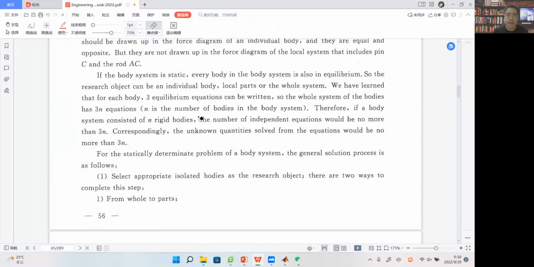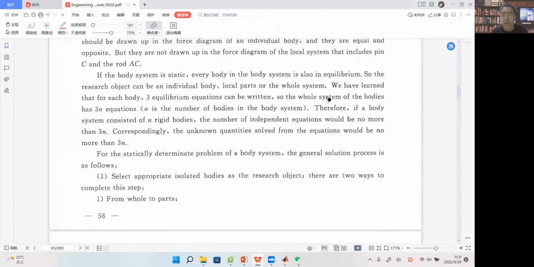That's why I told you each one will have 3 equilibrium equations, right? So the research object can be an individual body, local parts, or the whole system. We have learned that for each body, 3 equilibrium equations can be written. Once again, 3 equilibrium equations can be written.